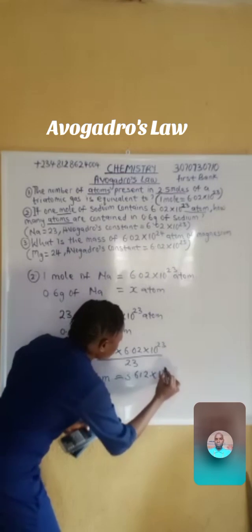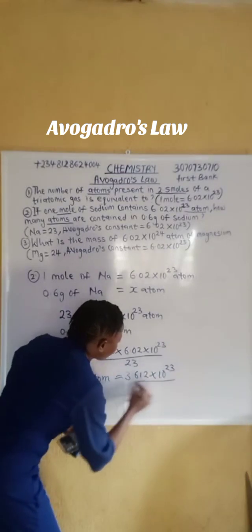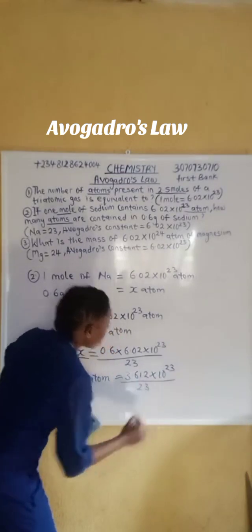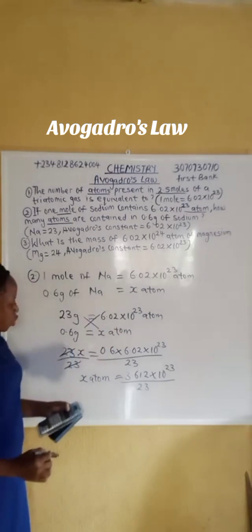Then 3.612 times 10 raised to power 23, divided by 23.